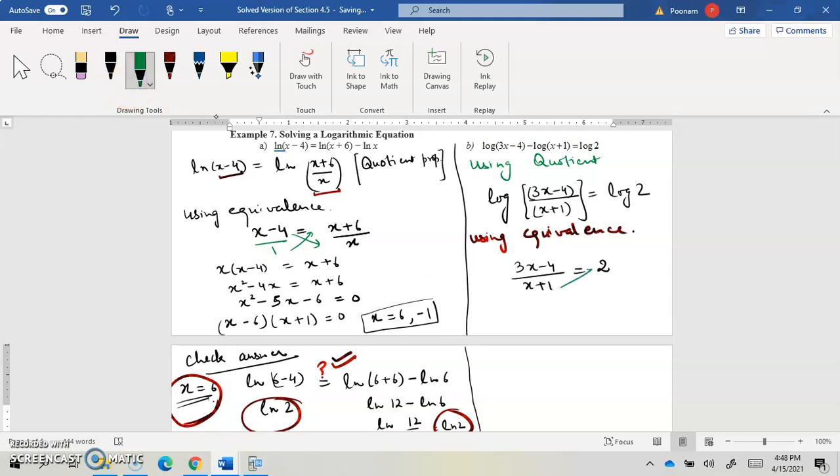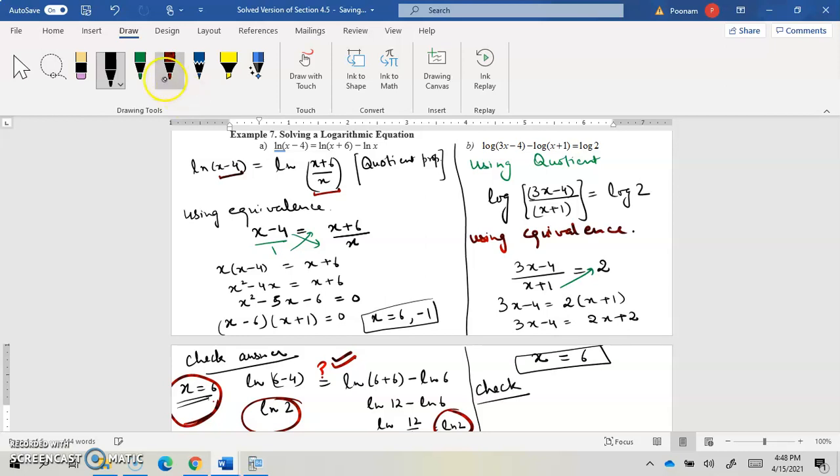We can use cross multiplication. So we have 3x minus 4 is equal to 2 times x plus 1. 3x minus 4 is equal to 2x plus 2. Isolate x: x is equal to 6. So we have our solution. But remember, in log, we always need to check. Meaning, in the given equation, we need to check if 6 is the solution. So log of 3 times 6 minus 4 minus log of 6 plus 1.